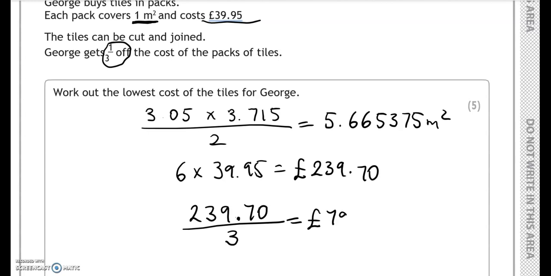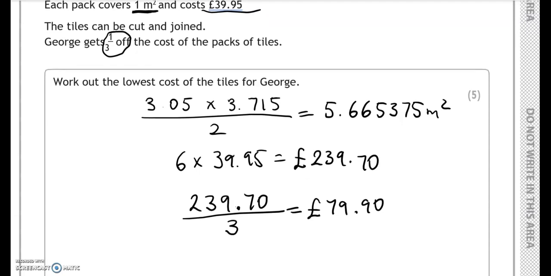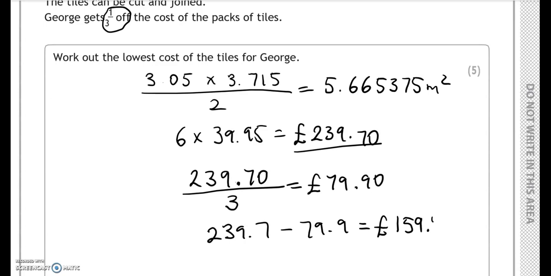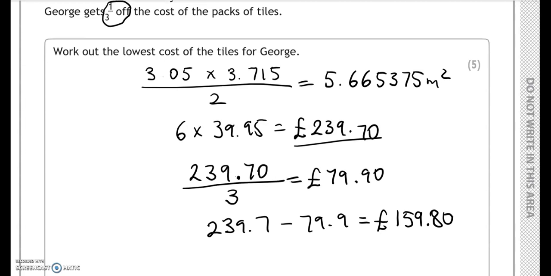That is £79.90 discount. Now we're going to take that away from the full price. So 239.70 take away 79.90 equals £159.80. And that's the lowest cost of the packs of tiles.